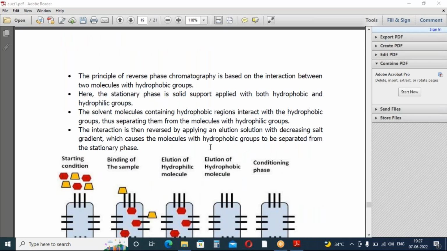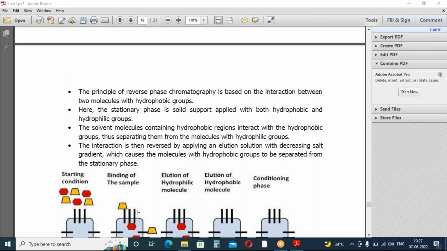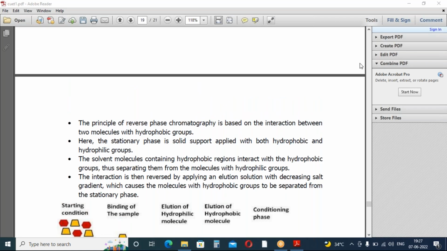Here you can see the picture, and the molecules are binding depending upon hydrophobicity and hydrophilicity, and based on the observation of this interaction, we are observing the different components present in the mixture.